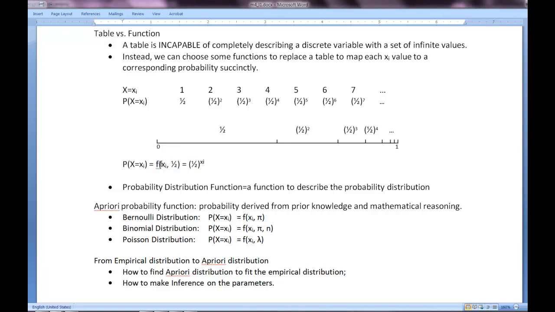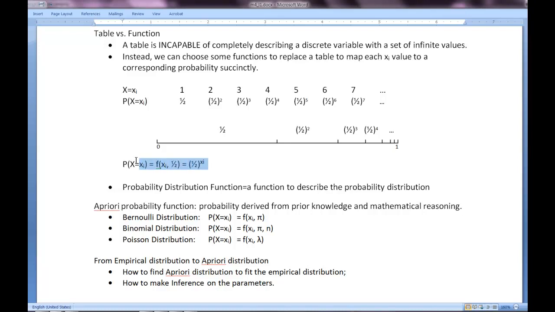It represents this relationship as a function. That's why we use f as the notation convention. And xi is called the independent variable of the functional relationship. And half is called a parameter or constant in this case.